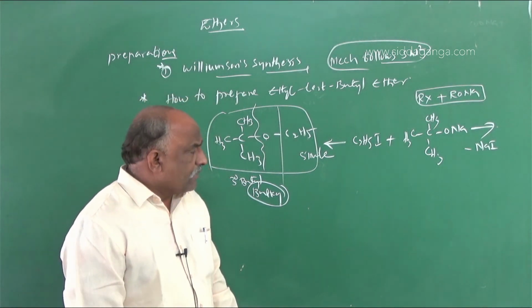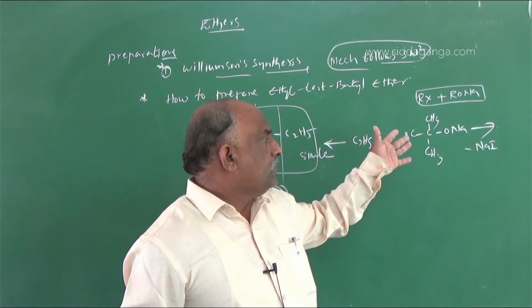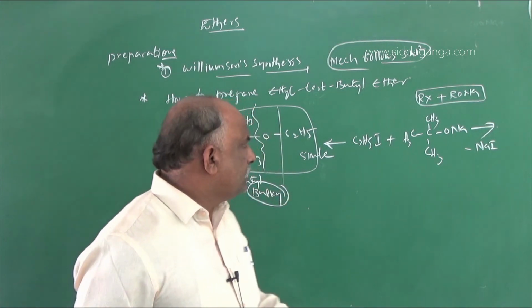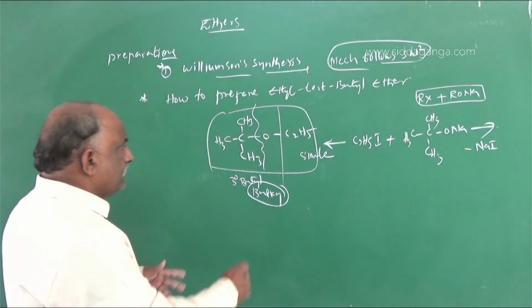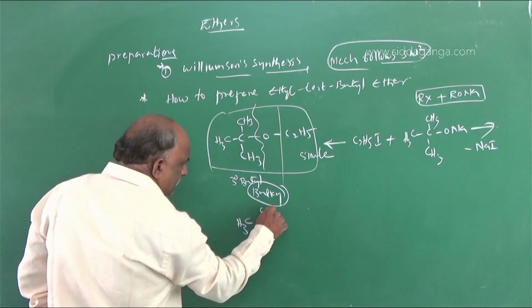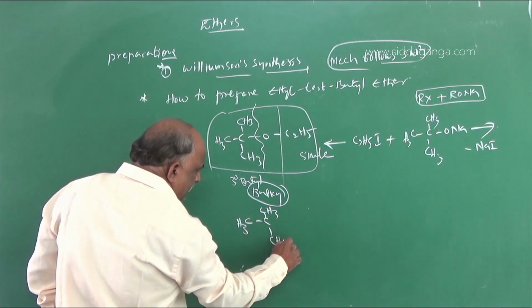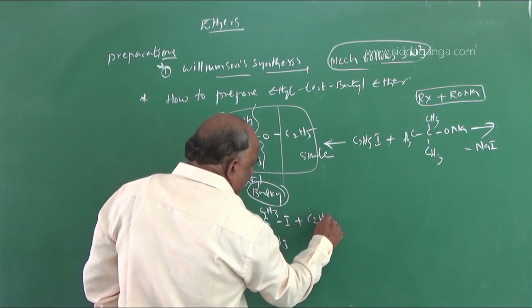So the alkyl halide is simple, and the sodium alkoxide is bulky. Suppose we make it reverse. What is reverse? CH3, CH3, CH3I plus C2H5ONa.